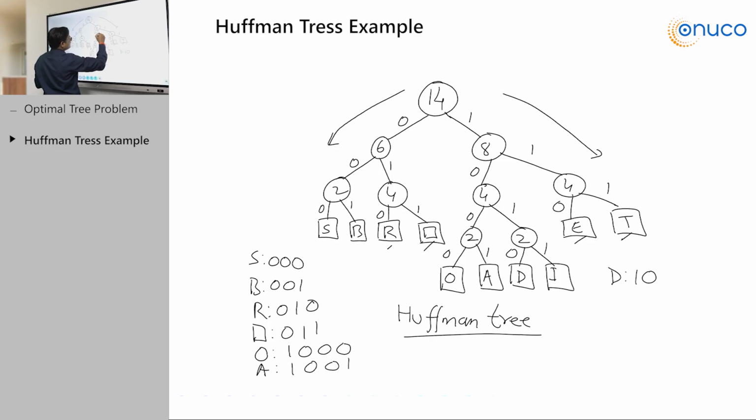I is 1, 0, 1, 1. E can be written as 1, 1, 0. What about T? T is 1, 1, 1.